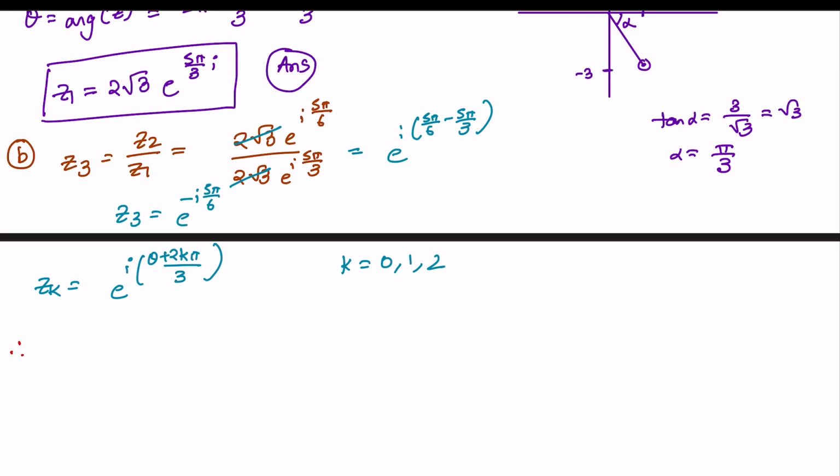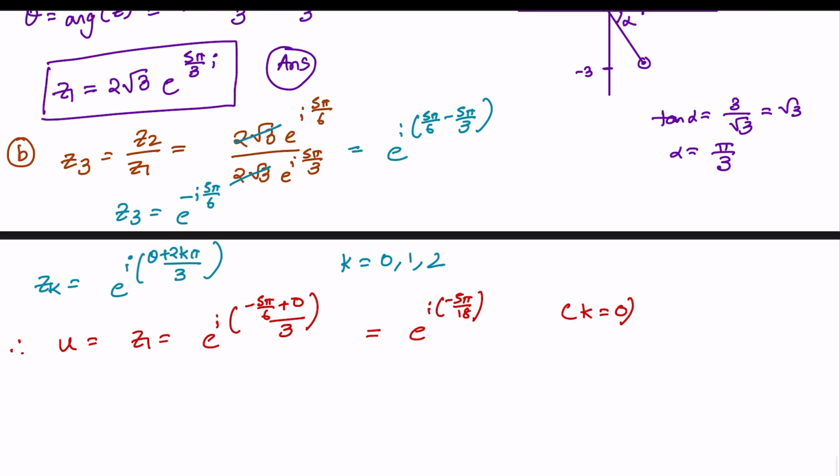So let's take u as the first root, which would be e to the power i of minus 5 pi by 6 plus 0 divided by 3, which upon simplification gives me e to the power i negative 5 pi by 18. That's our first root, and this corresponds to k equals 0.